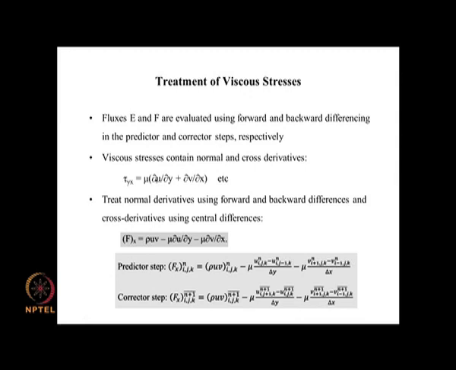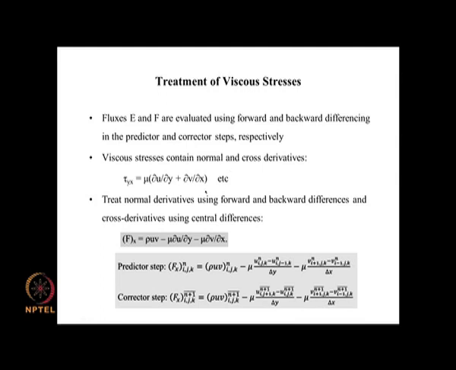Now, here you have dou by dou x of u, so you will have dou square u by dou x dou y here and dou square v by dou x square here. So, there is one which is coming as dou x square, a normal derivative, and there is one which is coming as dou x dou y, a cross derivative, and these kind of things will also appear in other equations.